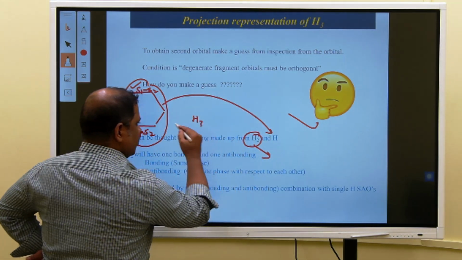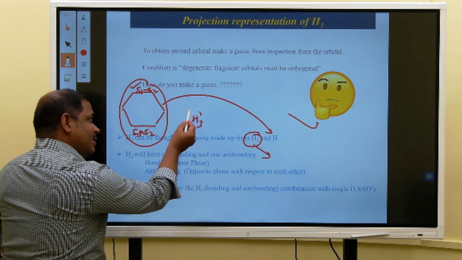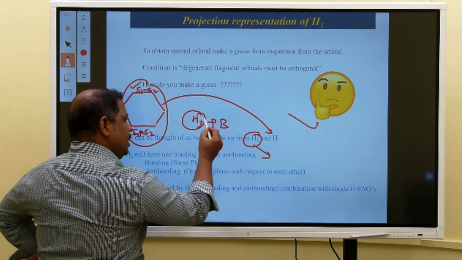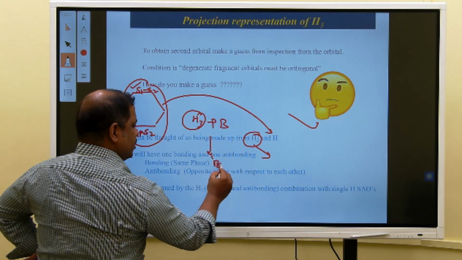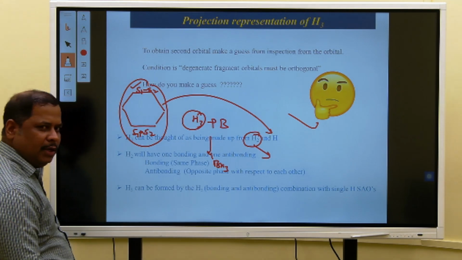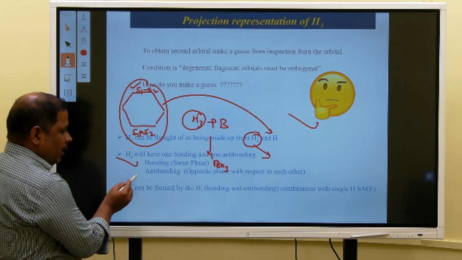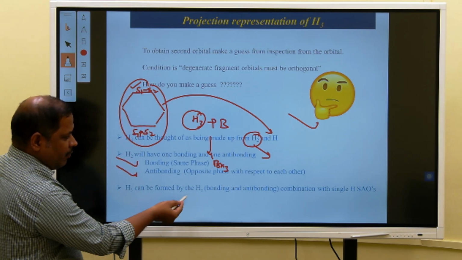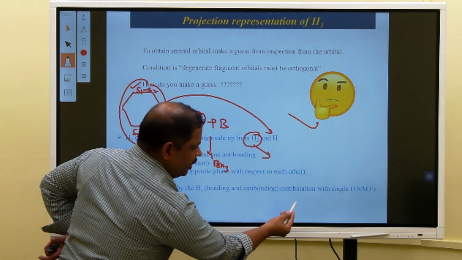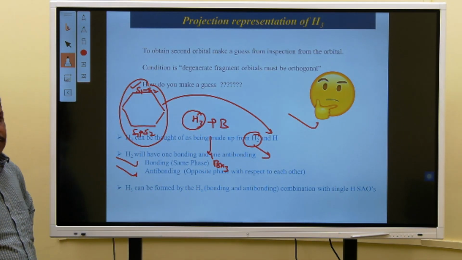H3 MOT. And if this H3 is mixed up with B, then you are going to get BH3 MOT. Right? This is a BH3 molecule. Okay. Check. H2, bonding, anti-bonding, I mentioned, and S3 can be formed by the H2 combination with a single H.